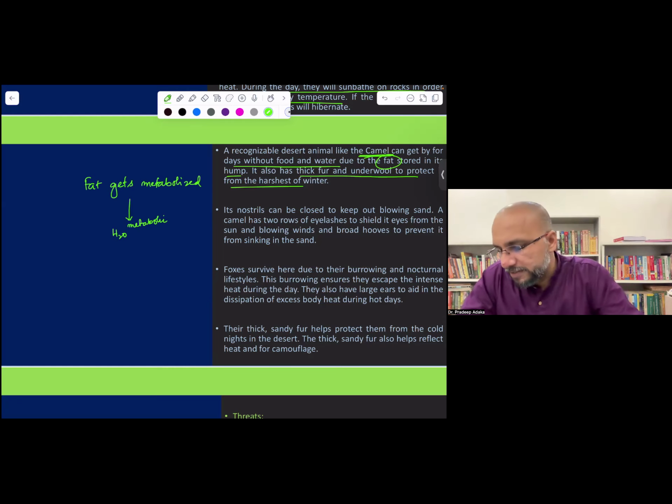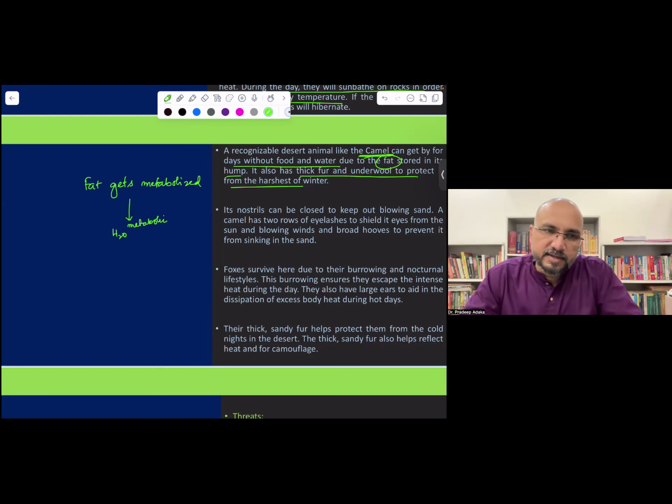This metabolic water will keep the camel hydrated for a long period of time even without drinking water, because the fat gets metabolized, and during this metabolism water will be produced, so that will keep the cells hydrated. So remember, there is fat in its hump. When that fat is metabolized, water is produced, so that keeps the cells hydrated.